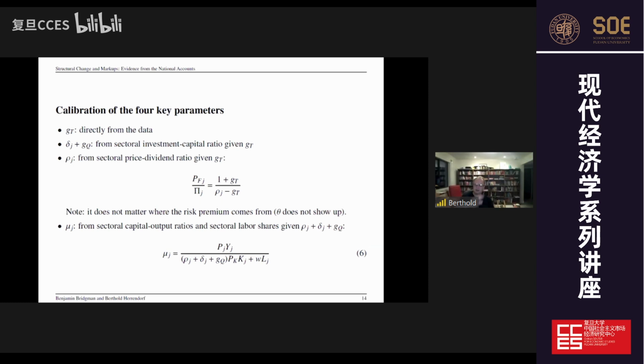Think about it like this. You start with PY, you take labor out, so you don't take so much out. There's more left. But then you also have to take capital out to get the profits. And if that falls a lot because the reference interest rate is so low, then many people have argued that's actually more important than the labor part.